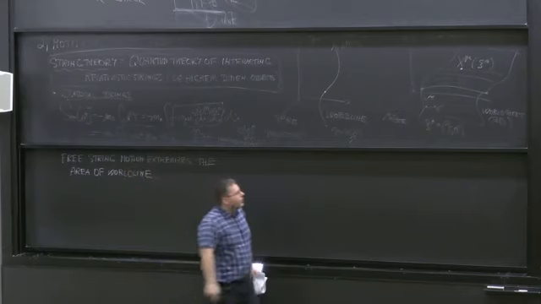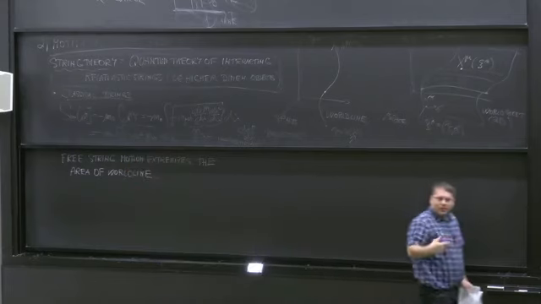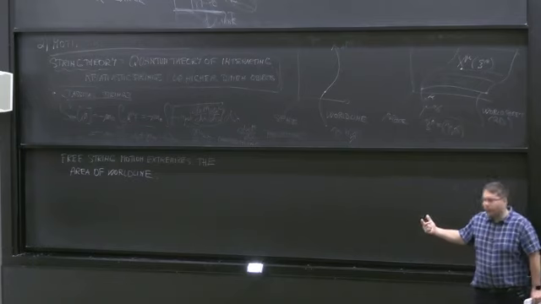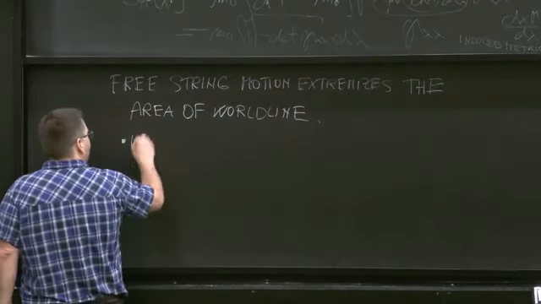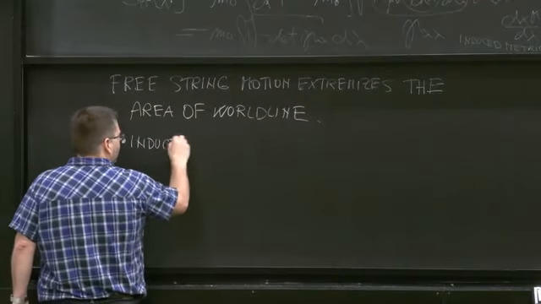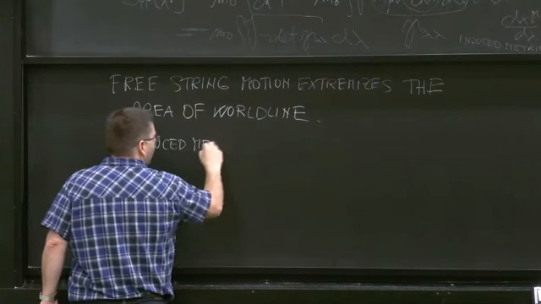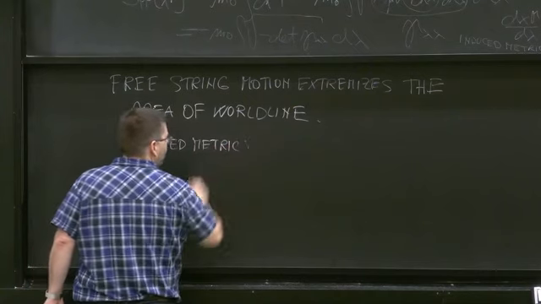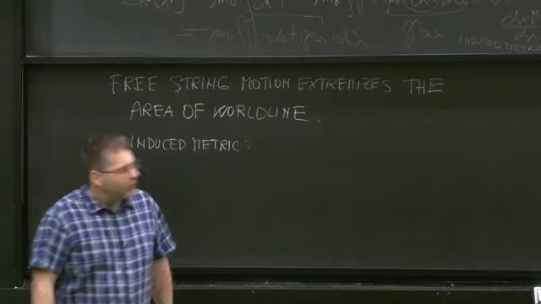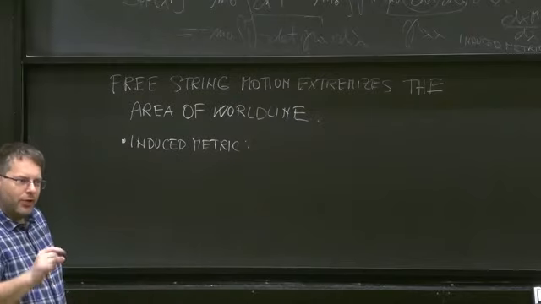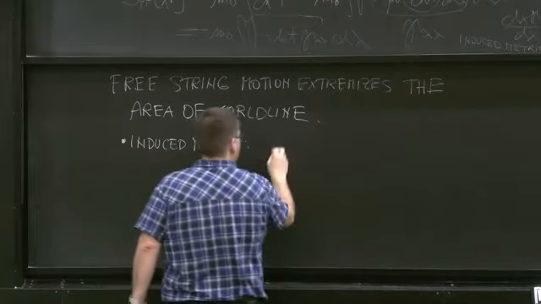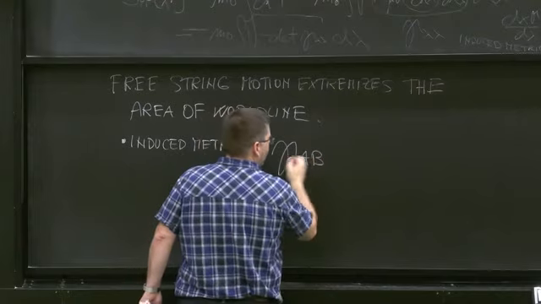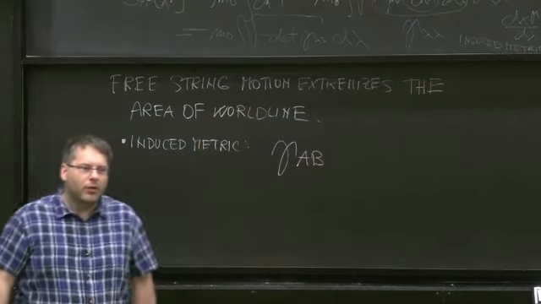So first thing is to introduce the induced metric. It will be a two-dimensional metric, because now we have two dimensions. So it will not be just gamma lambda lambda, but gamma AB, a 2 by 2 matrix.